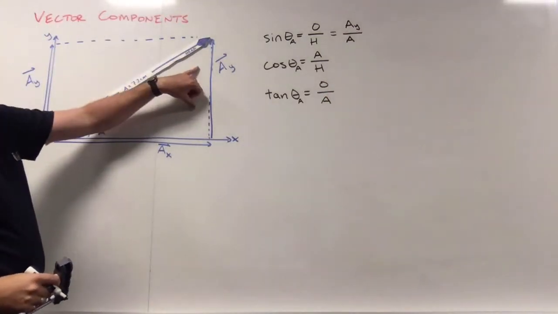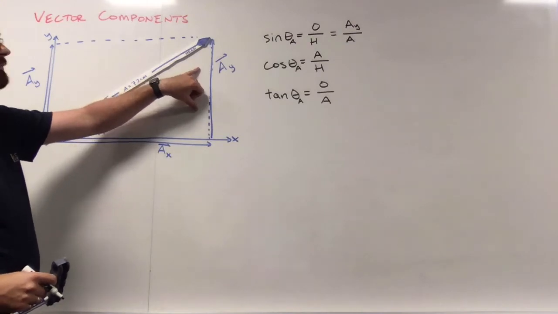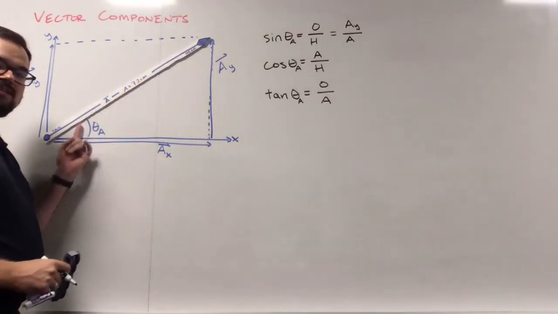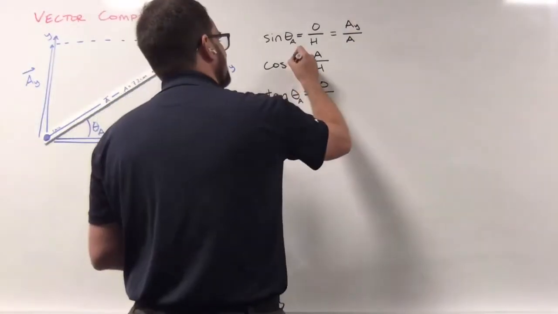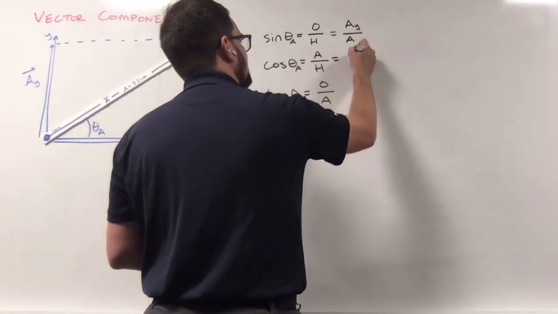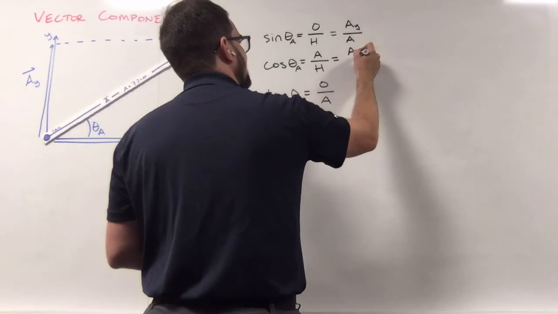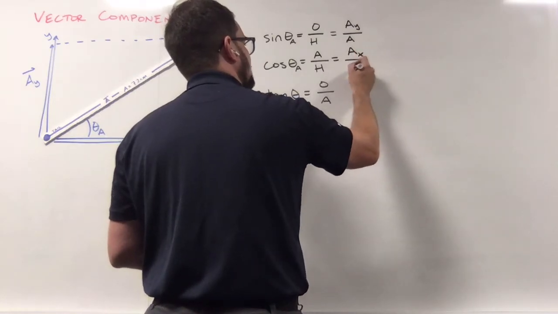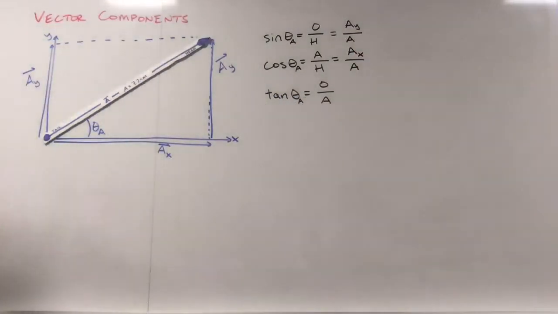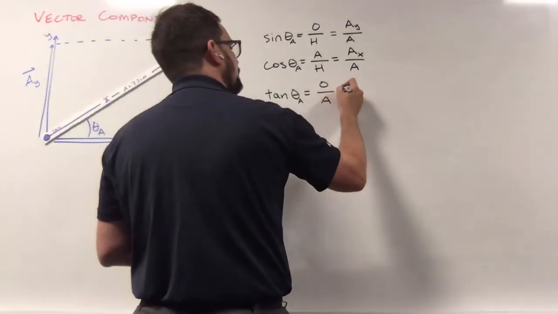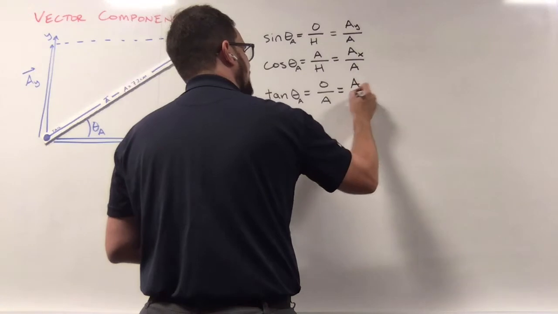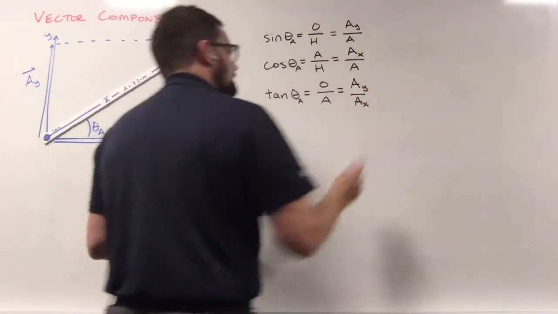And that would let us solve for the y projection. AX is adjacent. We know it's adjacent because our angle line touches that x-axis, which means that our cosine can be resolved as AX over A. And then tangent would let us relate AX and AY directly.